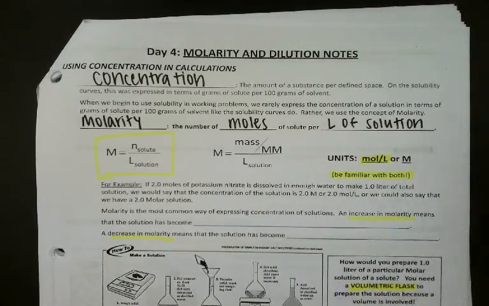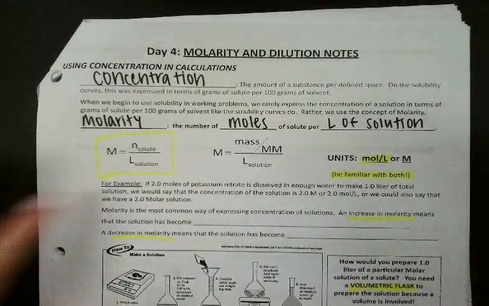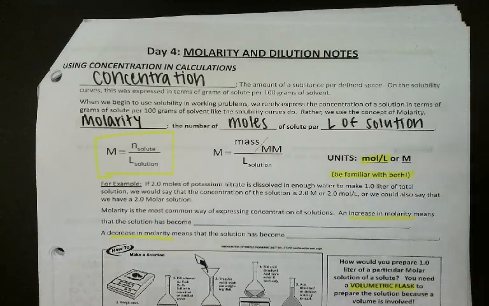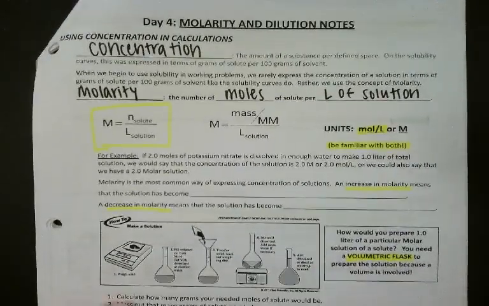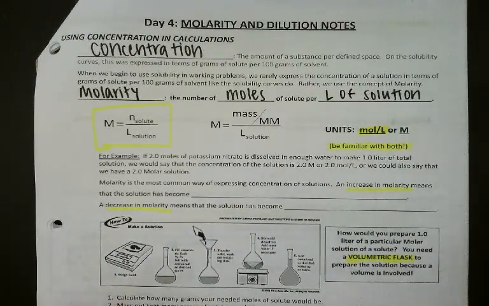All right, so if you had 2.0 moles of potassium nitrate that is dissolved in enough water to make 1.0 liter of total solution, we would say that the concentration of the solution is 2.0 molar or 2.0 moles per liter. Or we could also say that we have a 2.0 molar solution. Molarity is a common way of expressing concentration of solutions.